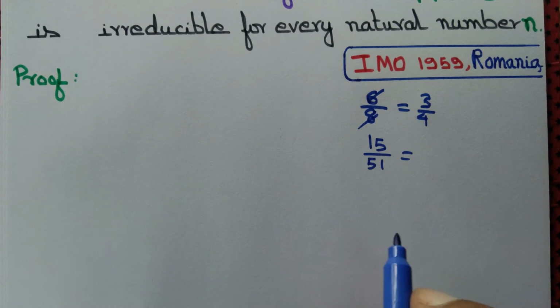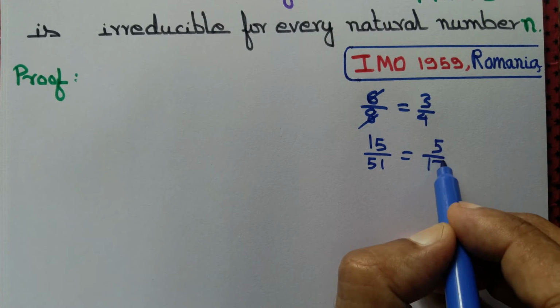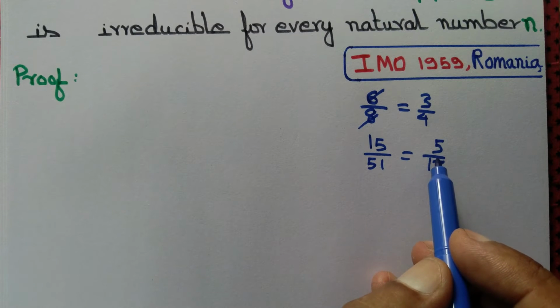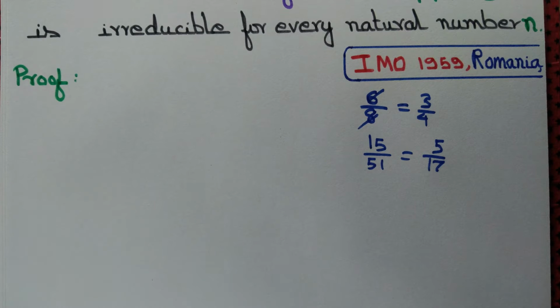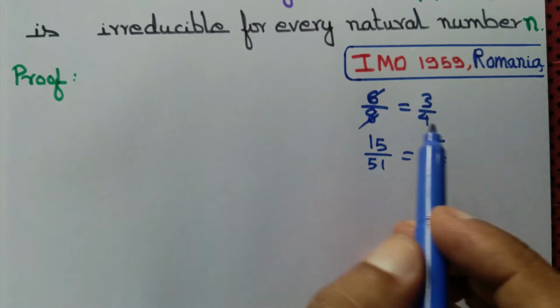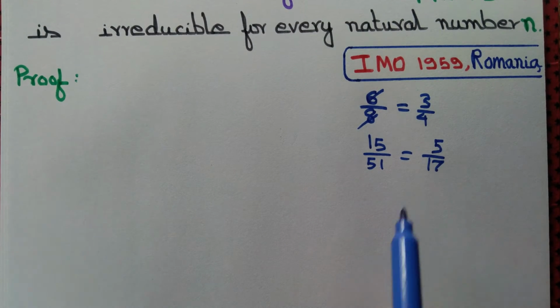Again we can cancel by 3 and write it as 5/17, and we say that 5/17 is in the least form. And 3/4 is also in the least form. So these numbers, 3/4 and 5/17, are irreducible because you can't cancel them further.